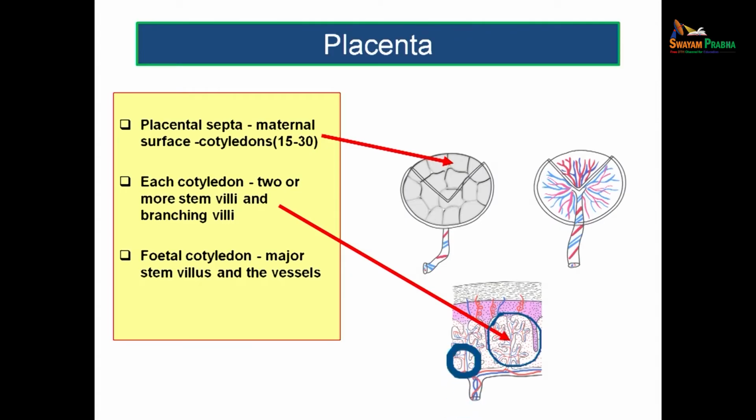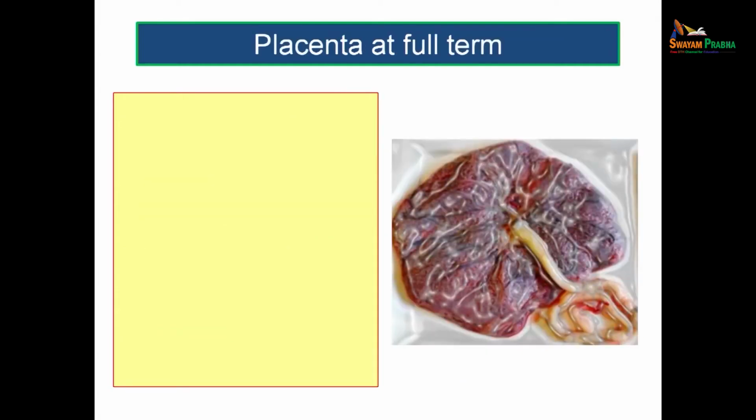And what do you mean by fetal cotyledon? This is the fetal cotyledon, and you can appreciate it from the fetal surface. If you trace one stem villus along with the fetal capillaries in it, you call it the fetal cotyledon. So, these are the two terms you should know: maternal cotyledon and fetal cotyledon.